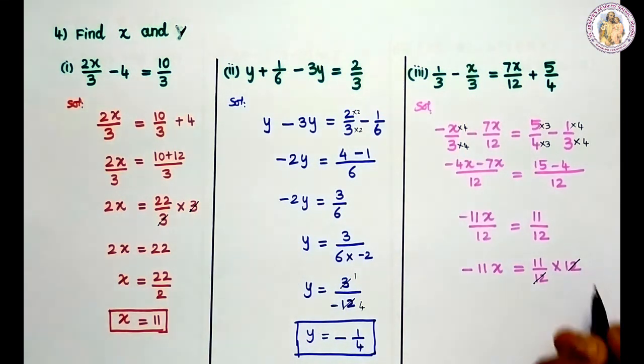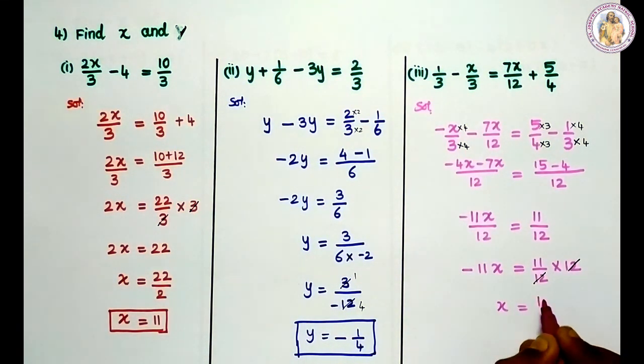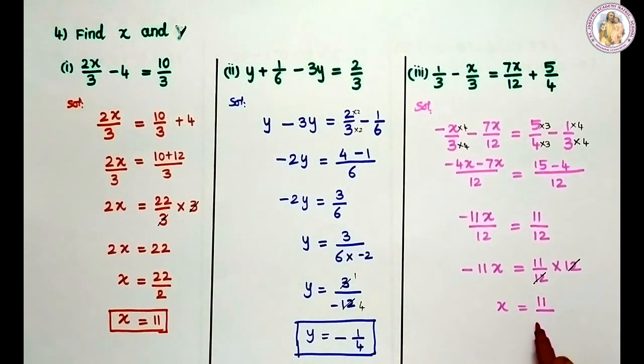Now cancel the numbers and x equal to 11, remaining number is 11. Here minus 11 into x, here multiplication, so bring this side, it becomes division. 11 cancelled, plus divided by minus 1, the value of x is minus 1, that is the answer.